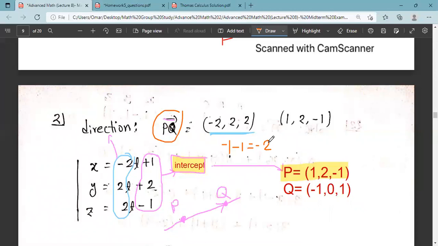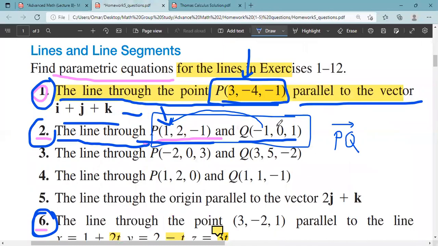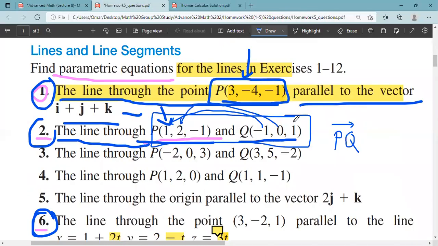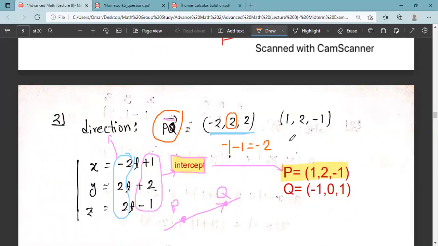And then 0 minus 2, that is minus 2, and then on minus 1, minus 1, that is 2, right? So this is the direction. Okay, so now we found the direction.